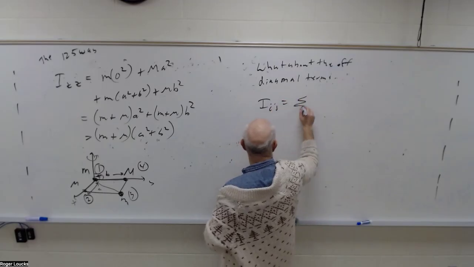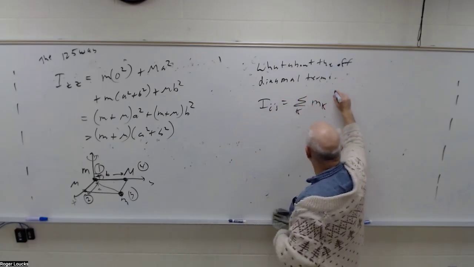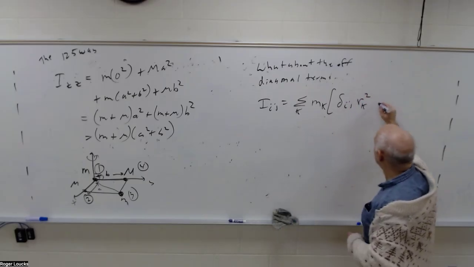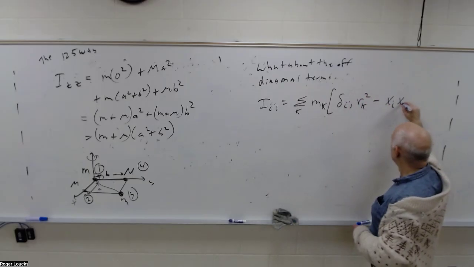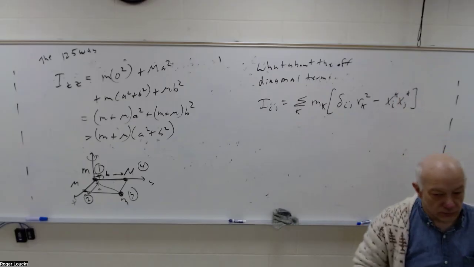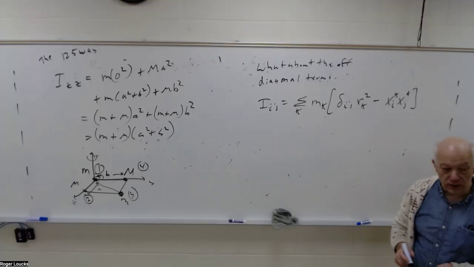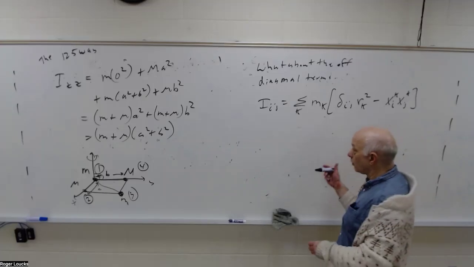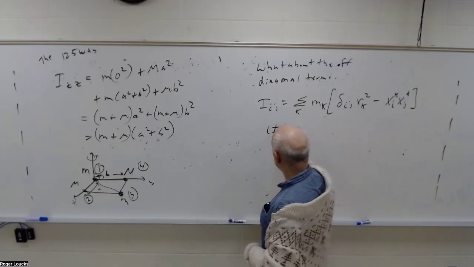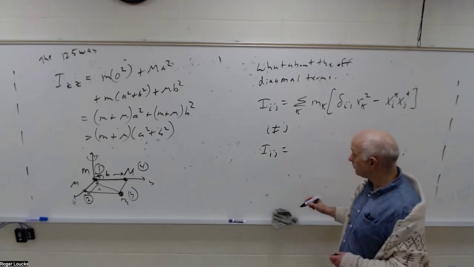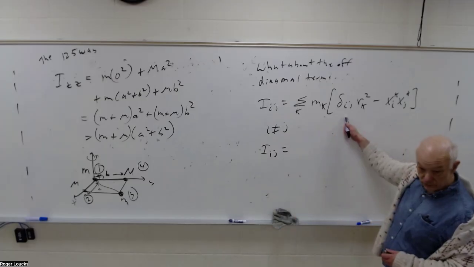This guy here. What does that now become for the off diagonal pieces? What do you know about the I and J? They're not equal. Yeah. So I is not equal to J. So in this case here, the off diagonal pieces becomes what? This term is now 0.